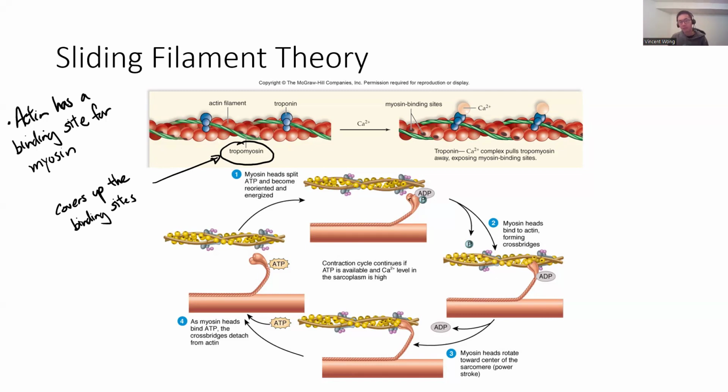And when they're covered up, myosin cannot grab on to the actin. The positioning of the tropomyosin is controlled by the troponin. Troponin controls the position of tropomyosin.